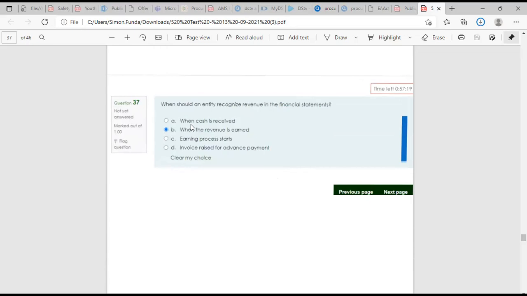Government entities in general use cash basis, an accounting method where we recognize revenue and expenses once cash has been paid or received. When you are using accruals basis, we only recognize when the expense has been incurred or when the revenue has been earned.